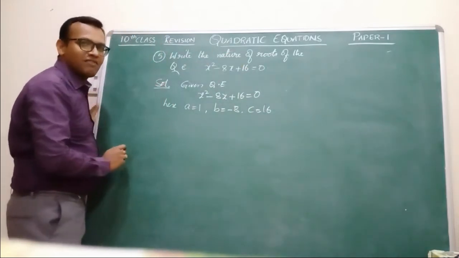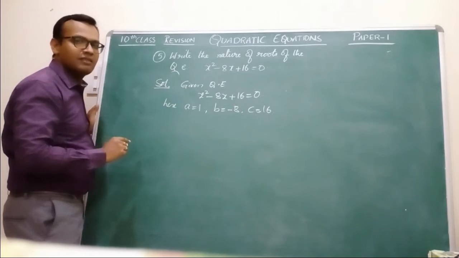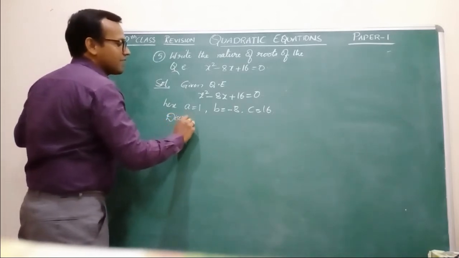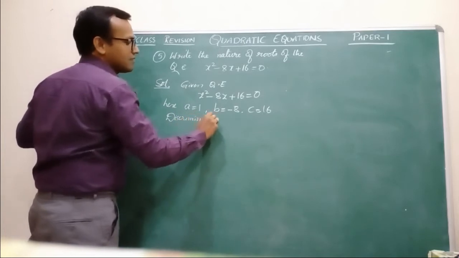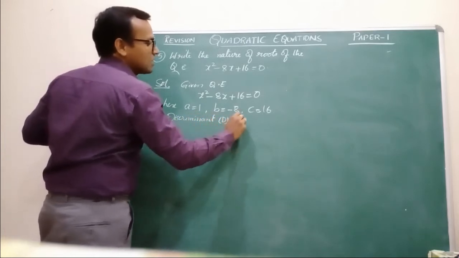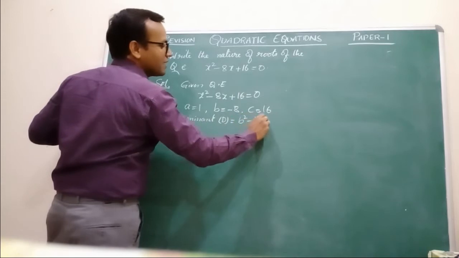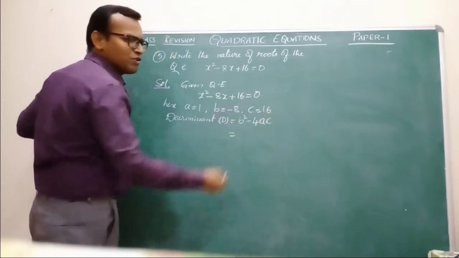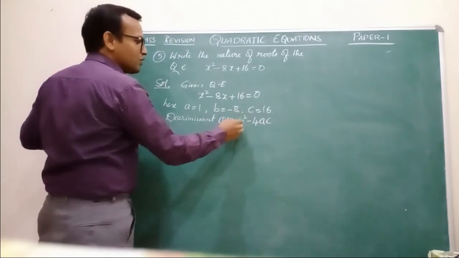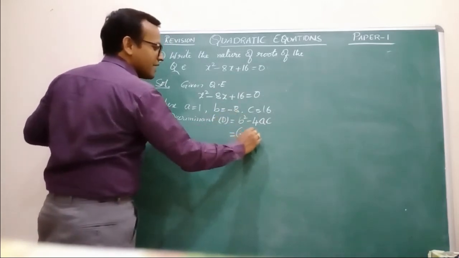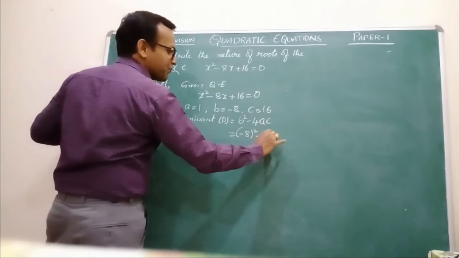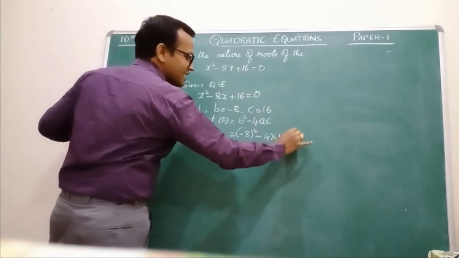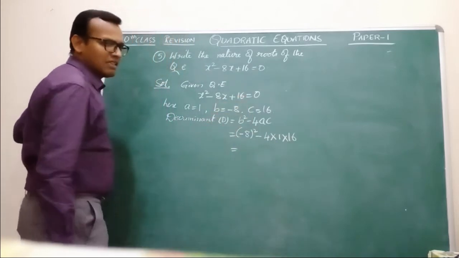So we need to find the nature of roots. To find the nature of roots, what are we going to find? Yes, discriminant. Discriminant is equal to b square minus 4ac. Just substitute the values in this expression. b square means minus 8 whole square minus 4 into a, a value is 1, c is 16. Quite easy calculation here.